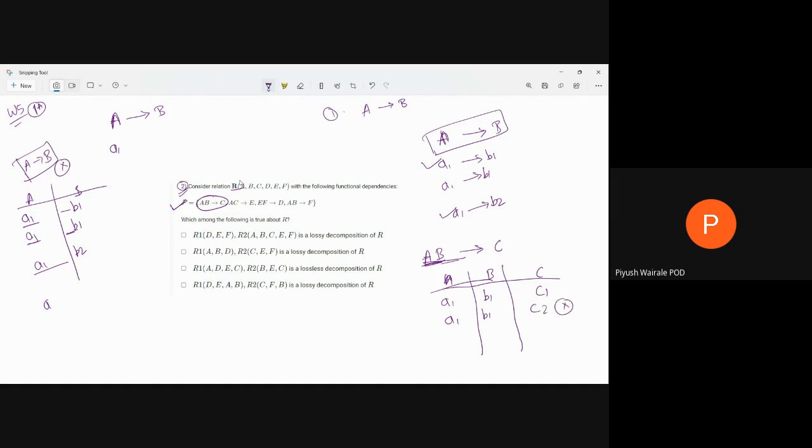This is not allowed, as it will violate the functional dependency. But A1 B2 can determine C1, because A1 B1 and A1 B2 are different combinations.